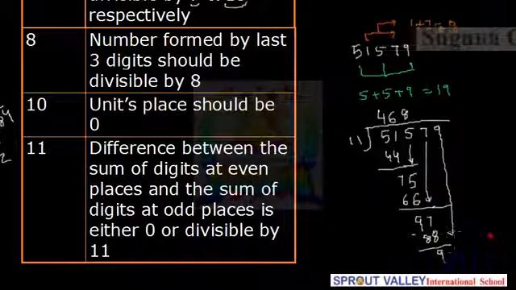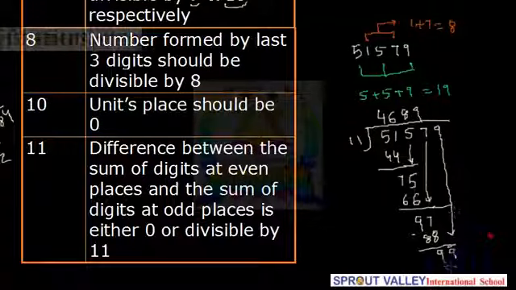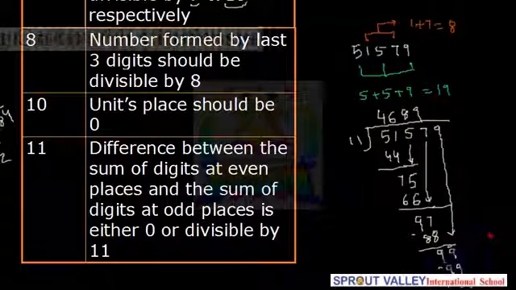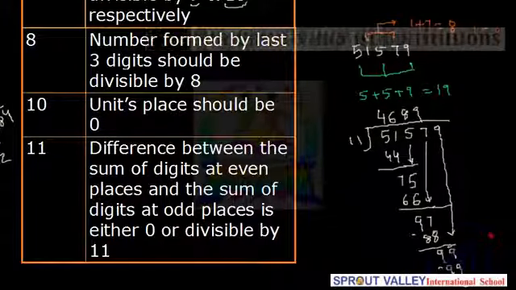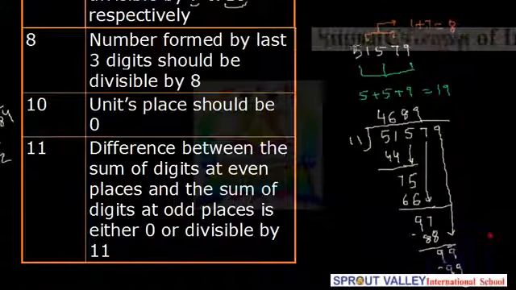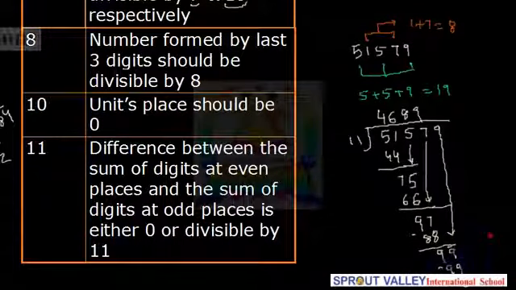And then we have to note this 9 down. And 11 nines are 99. And again we are getting remainder as 0. So this proves the divisibility of 51,579 by 11. Or this is the proof for the divisibility rule by 11, right?